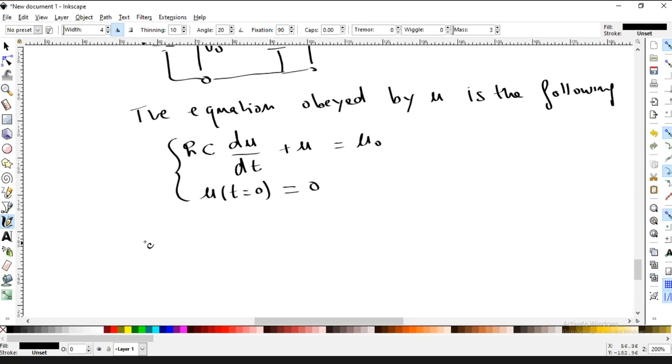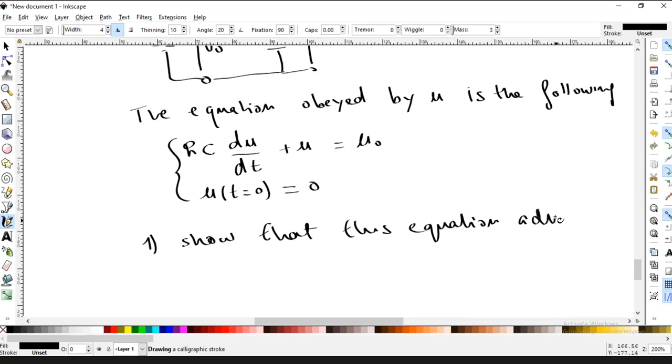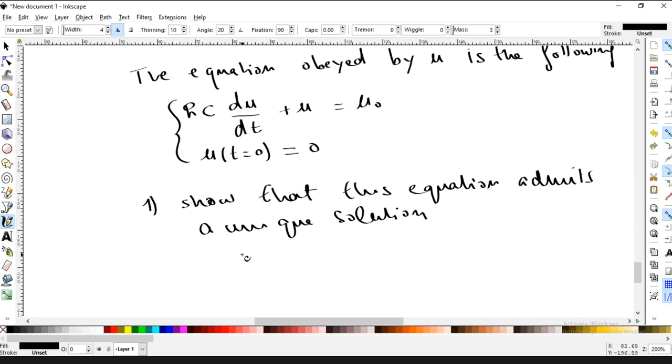So the questions are: one, show that this equation admits a unique solution. Two, find the analytical solution.